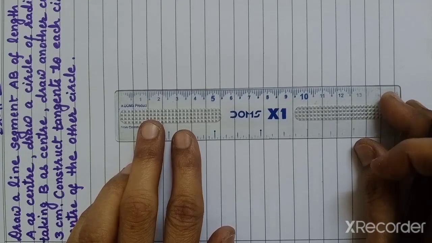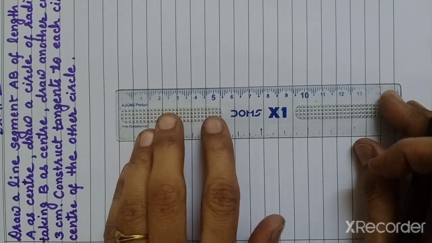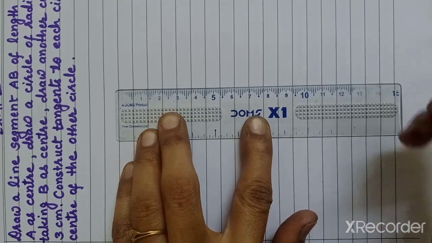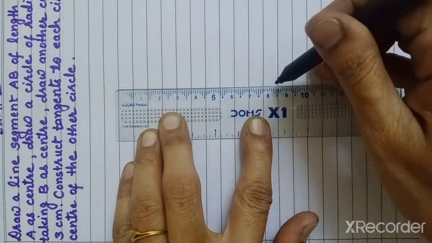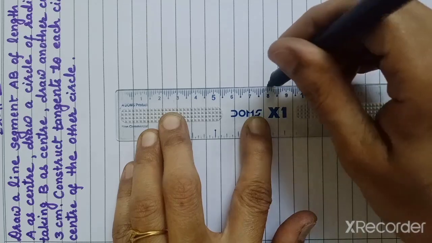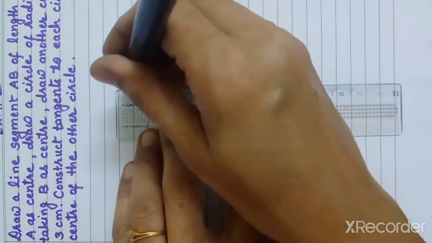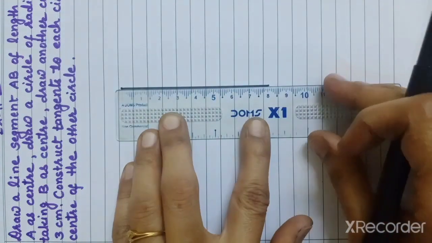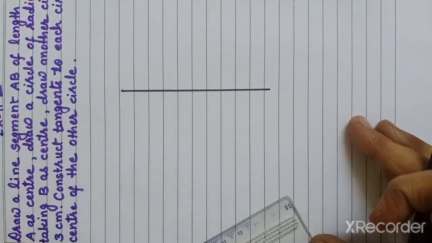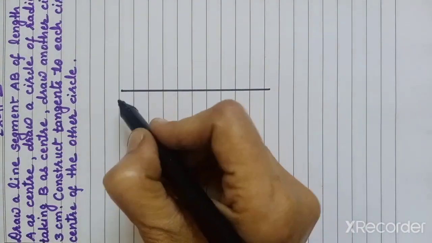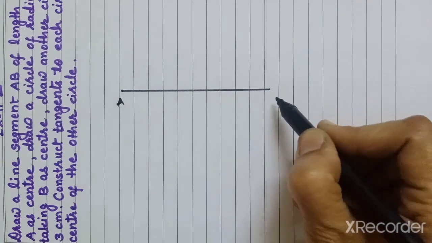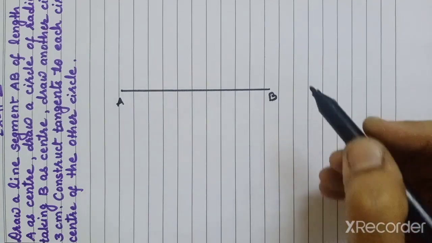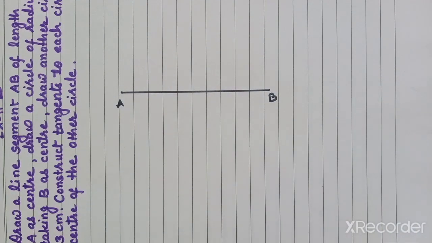So first of all, let us draw line segment AB of length 8 cm. So here is 8. So this is AB of length 8 cm. Right? So let us name it as A and this is B. Now taking A as a center, draw a circle of radius 4 cm.